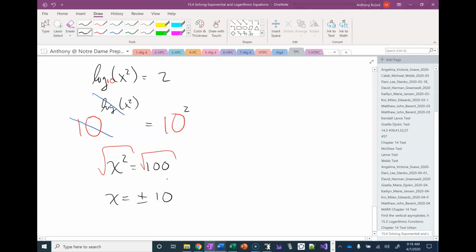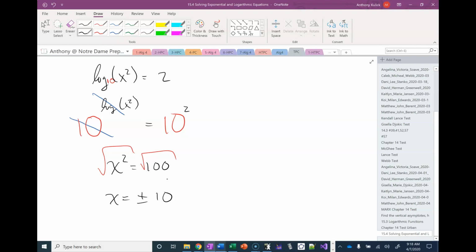But I now need to be very careful here because I know that I can only take the logarithm of positive values, right?